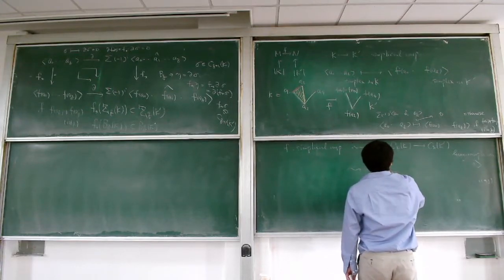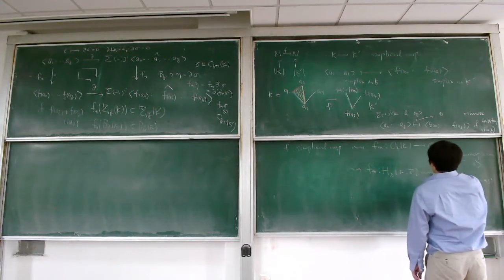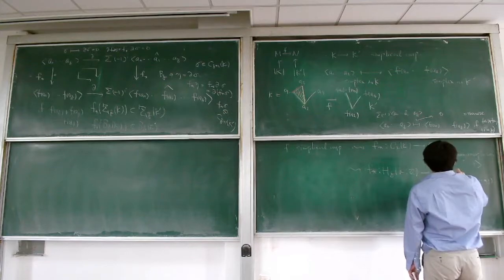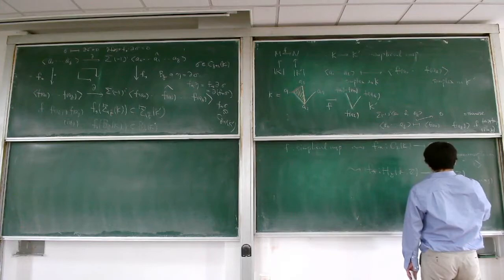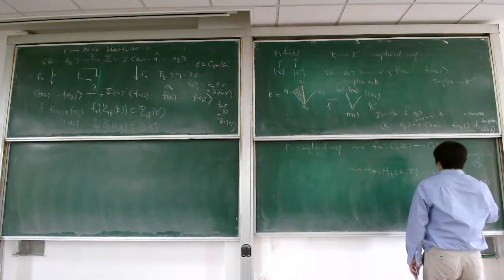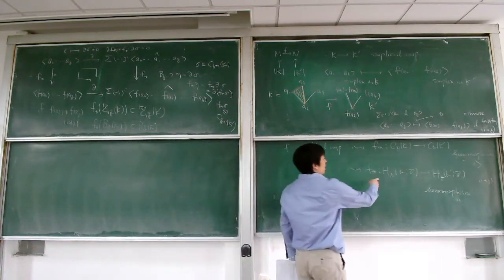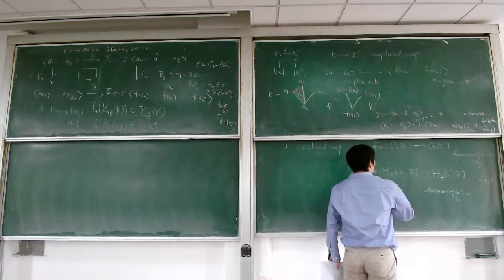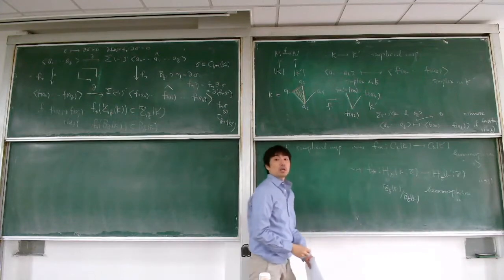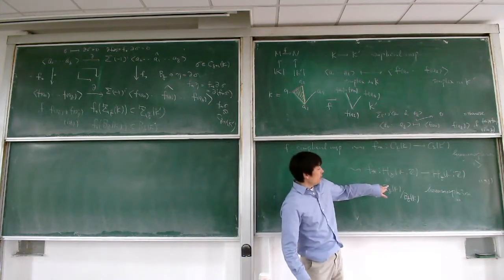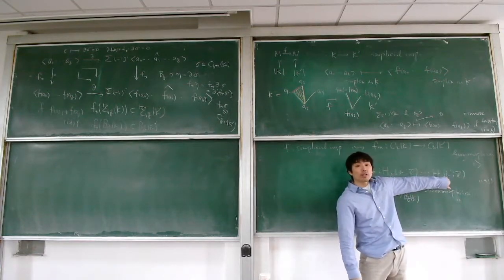Furthermore, it induces a homomorphism between the homology groups of K with coefficients in C and K prime with coefficients in C. Since the homology group is ZQ of K divided by BQ of K, if an element is a Q cycle, it is mapped to a Q cycle in the image.